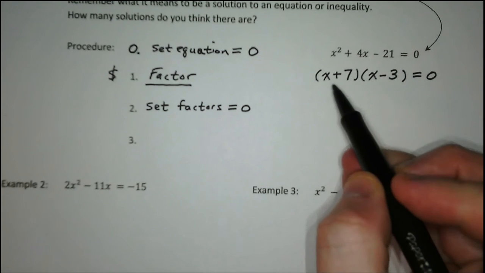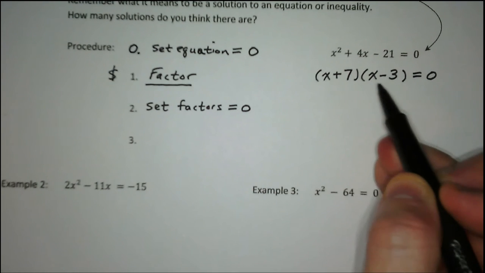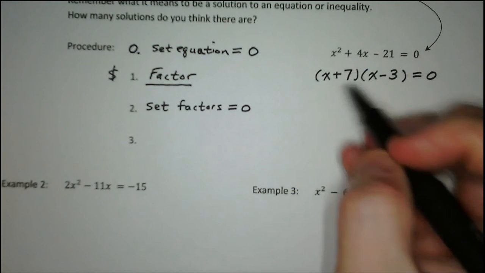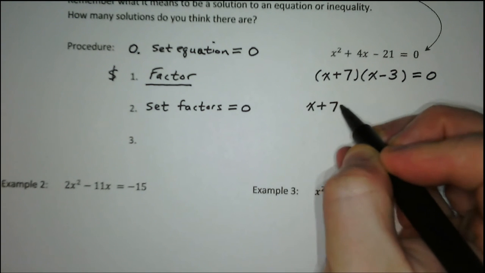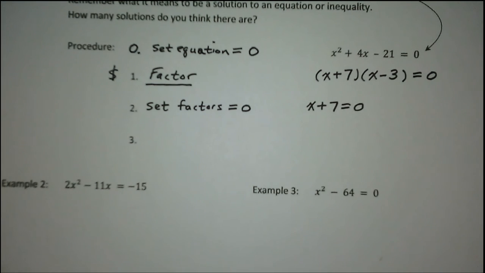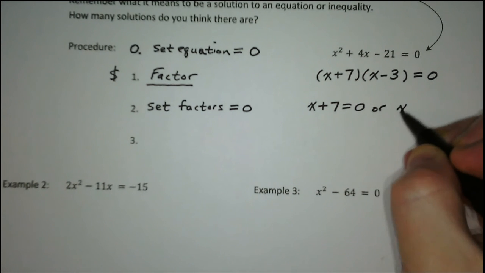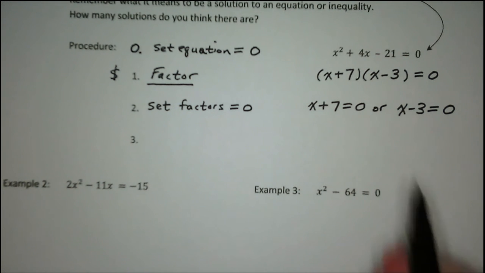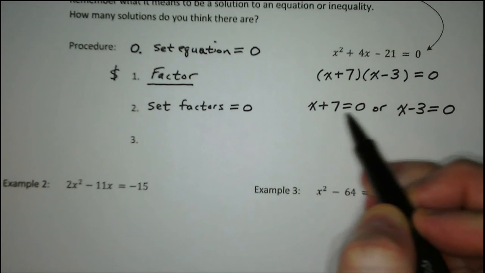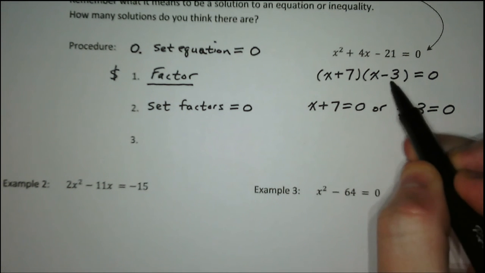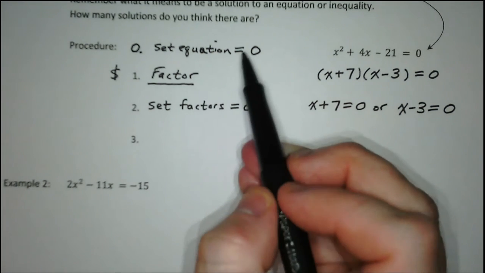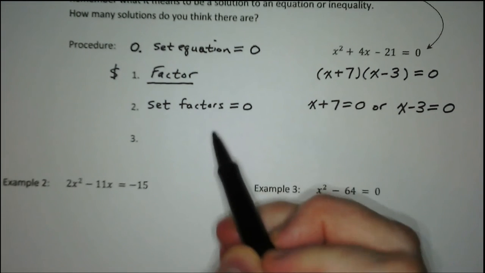Because if you now have these factors multiplied together to equal 0, then that factor must equal 0, or that factor must equal 0. The x plus 7 needs to be a 0 in disguise, or the x minus 3 has got to be 0 in disguise. The bottom line is, learn these steps. Set equal to 0, factor, and then set the factors equal to 0.